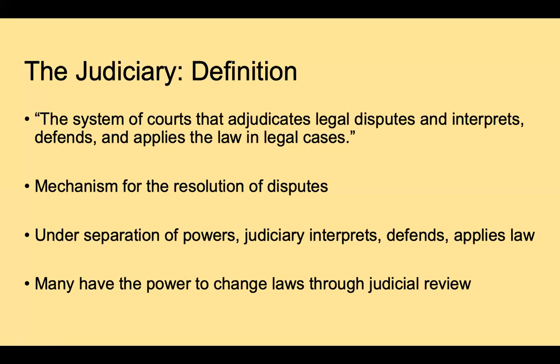Now, many judiciaries, many courts, have the power to change laws through judicial review. And this is a power that is often viewed as over and above the original interpretation, defense, and application of the law that courts were given the responsibility to oversee.